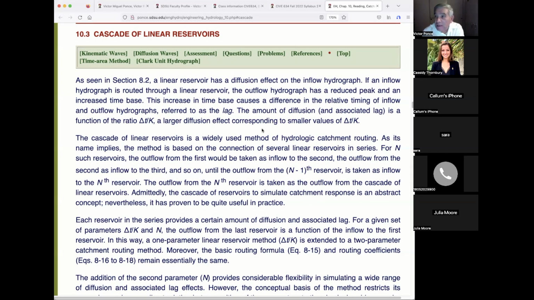Now, I don't know where he got it, but he presented and introduced the concept of cascade linear reservoirs. And as a matter of fact, he generated 3 parts of the hydrograph because he was simulating hydrographs. The 3 parts of the hydrograph, he called them the quick runoff, the intermediate or interflow, and then baseflow.